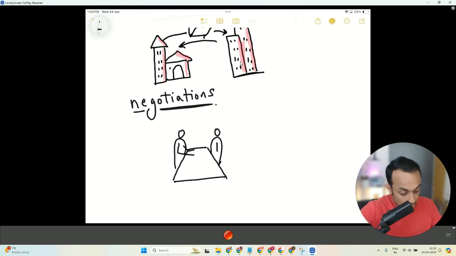So their hands are on the table and most of the time the discussion is around, this is the speech bubble, and they are talking about money, and that's what negotiation is.